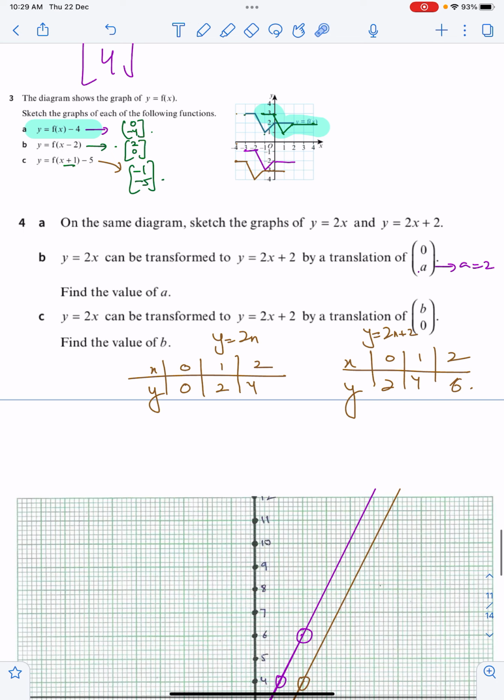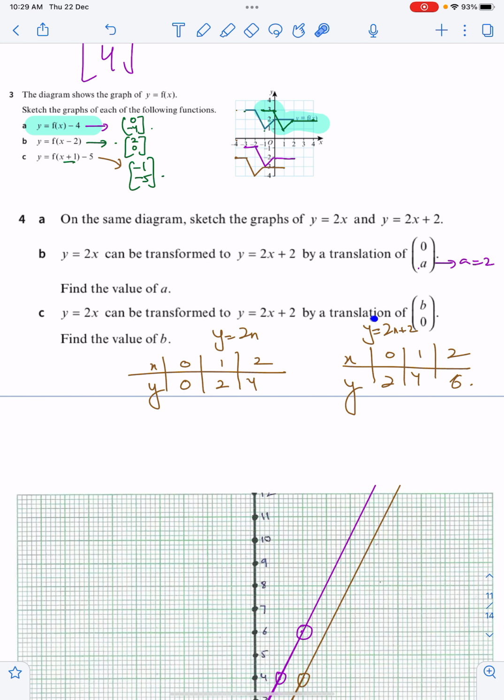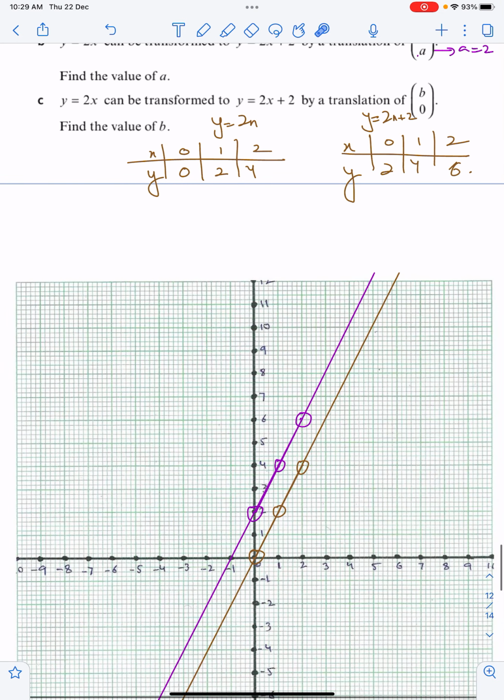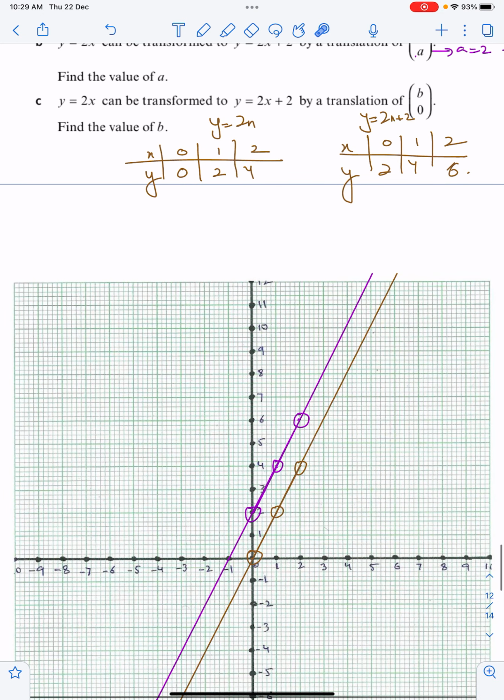y = 2x can be transformed to y = 2x + 2 by a translation of (b, 0). Find the value of b. Now, if you notice here, the whole graph of this can be shifted to this graph by a translation of 1 unit onto the left.